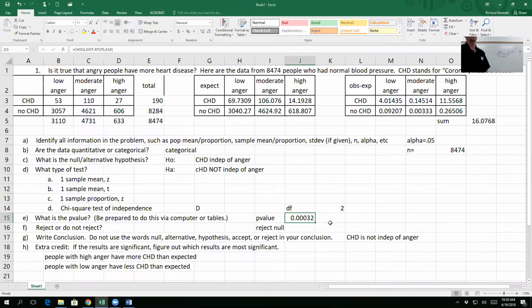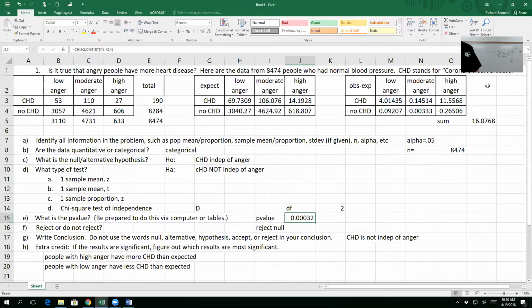But your p-value: if your p-value is less than alpha, then you reject. Yes, that's what we did. That rule hasn't changed. If the p-value is low, reject the null.